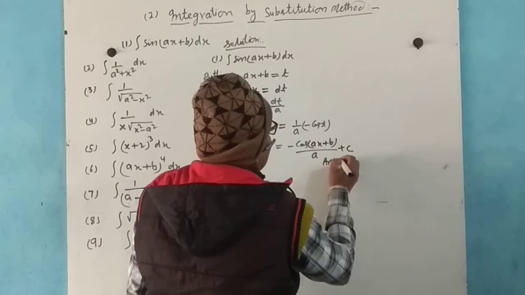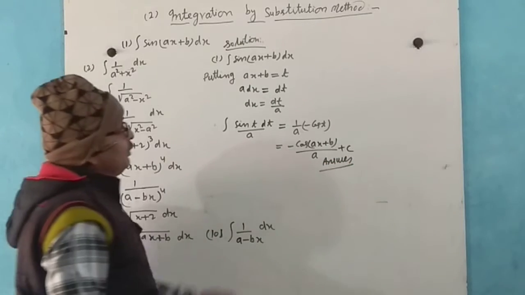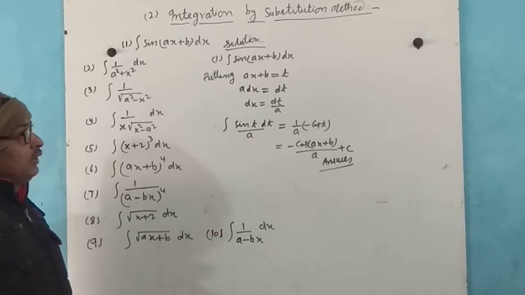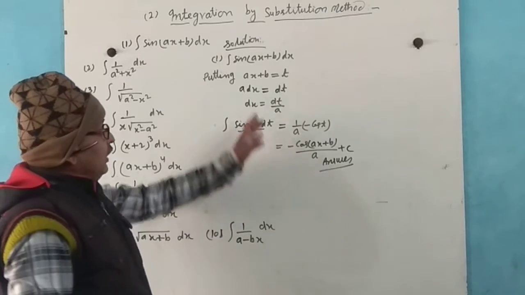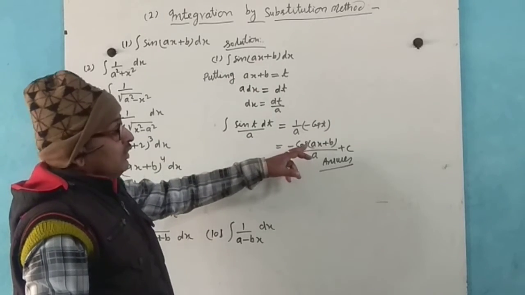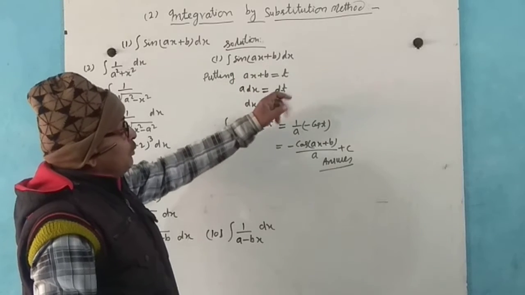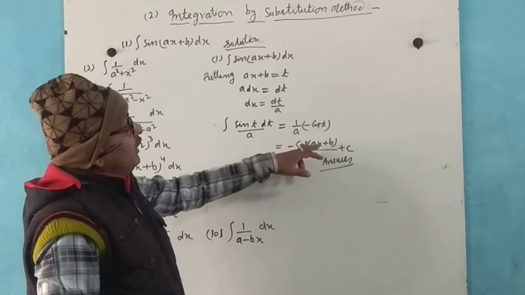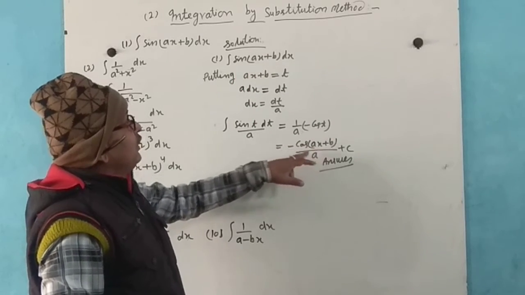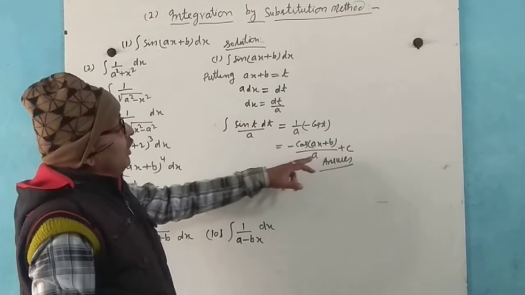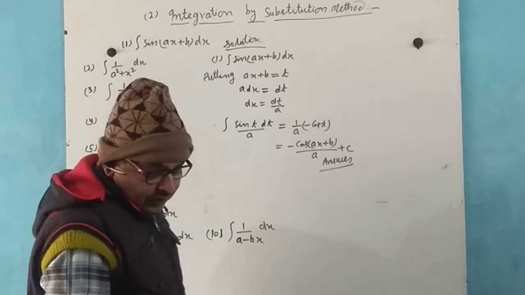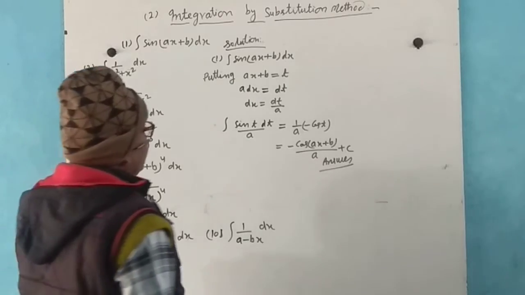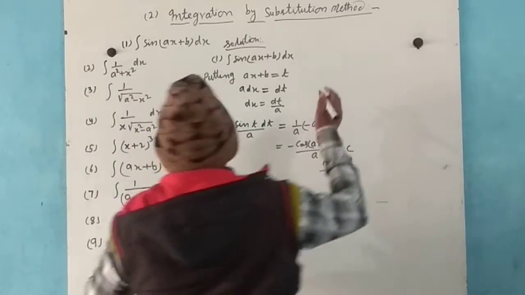This is the integration of sin ax plus b dx, where c is the integrating constant.